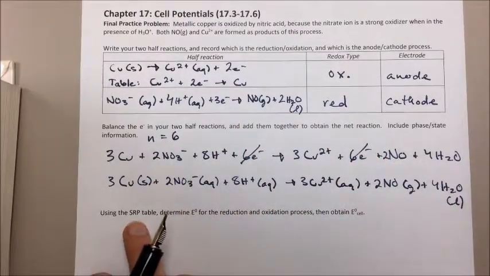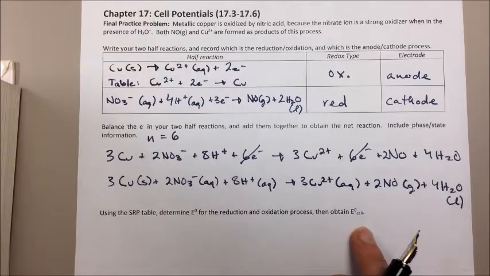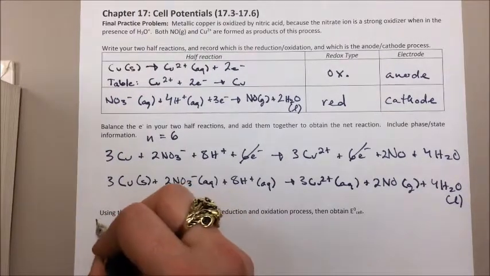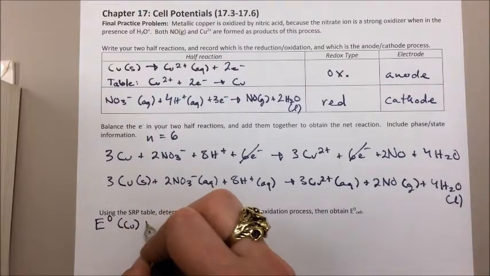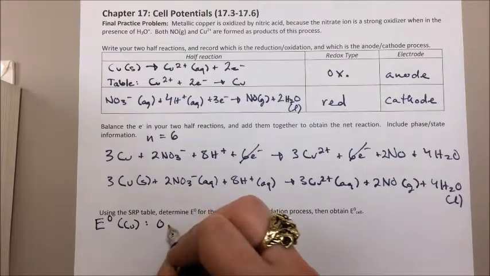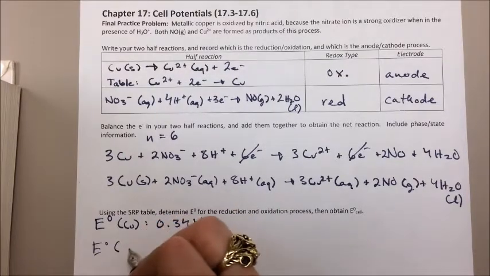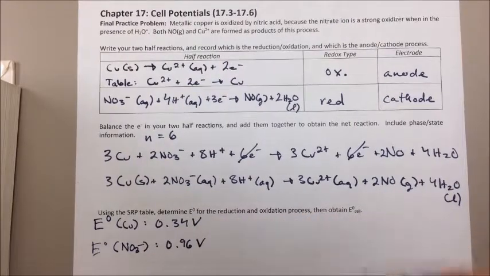Now looking in that SRP table, we're going to find the E cell for this reduction process overall. The E0 for the one involving copper is 0.34 volts. The E0 for the reaction featuring nitrate is 0.96 volts.